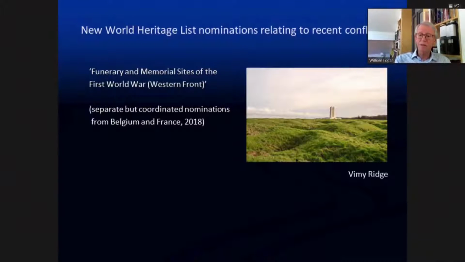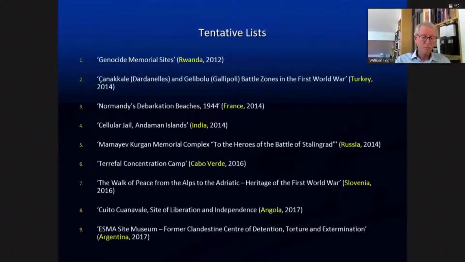for the tentative lists. The anticipation of further trouble in its sessions led the World Heritage Committee to impose a temporary halt in processing nominations until a comprehensive reflection on all relevant issues could be undertaken by a meeting of experts. Notice expert. The committee would then decide at its 44th session in 2020 whether and how sites associated with recent conflicts and other negative and divisive memories might relate to the purpose and scope of the World Heritage Convention.